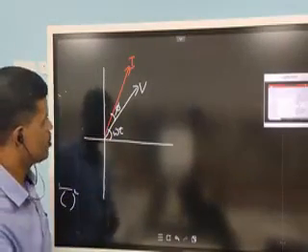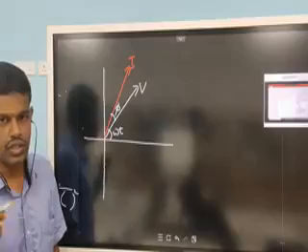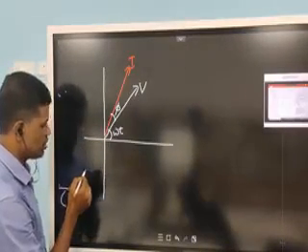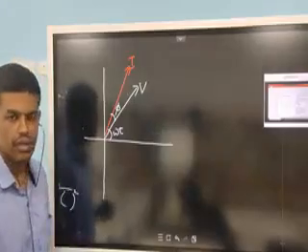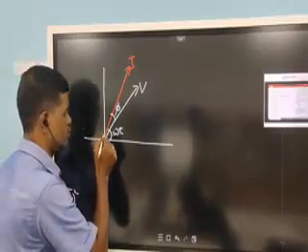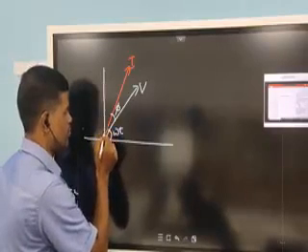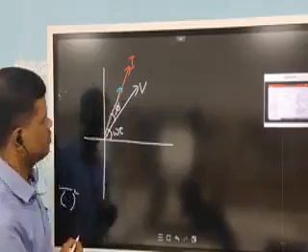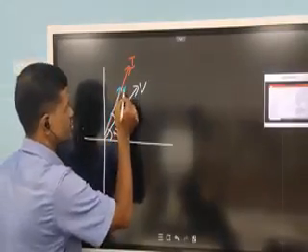Now where are the voltages across resistor, inductor, capacitor, etc.? Voltage across resistor will be in phase with current, so it is coinciding with current. This is the voltage across resistor.